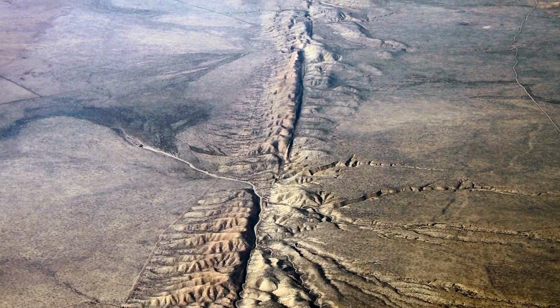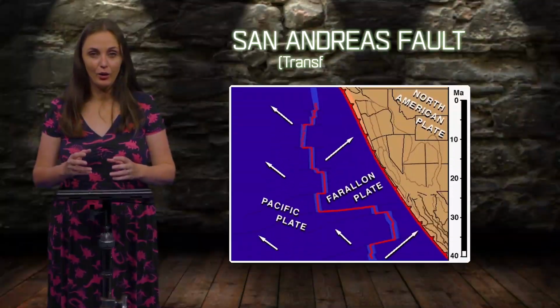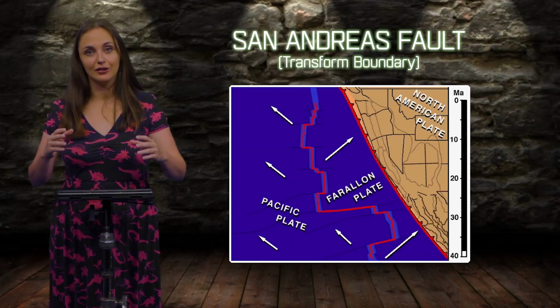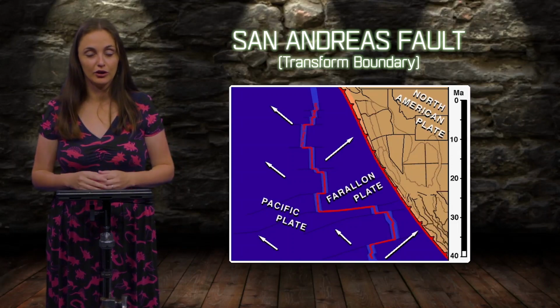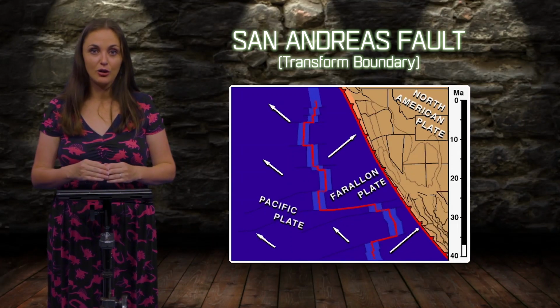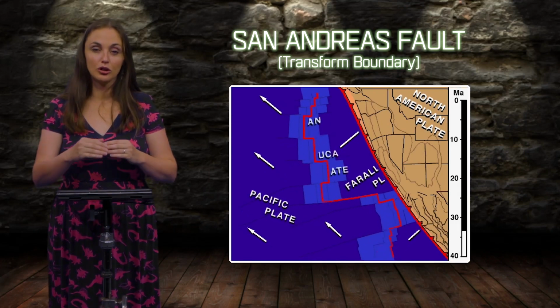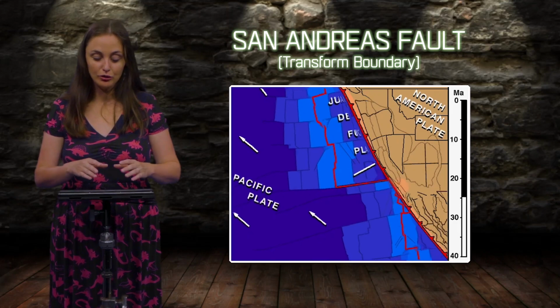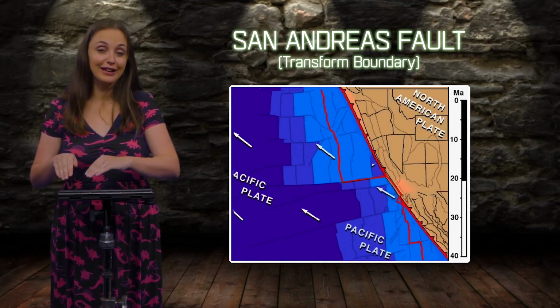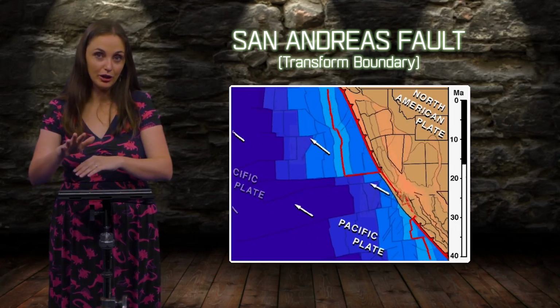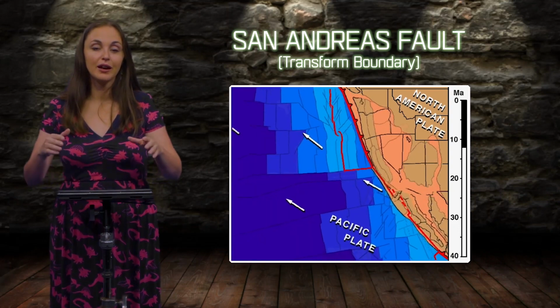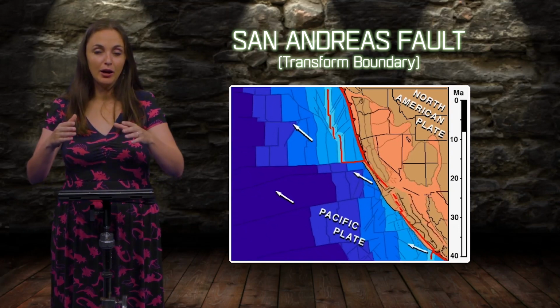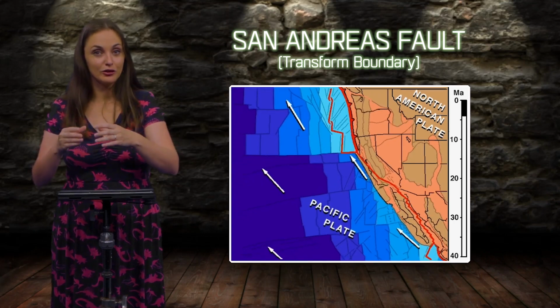And I have a great animation here that shows you how that fault has really worked over time. It started out as this transform motion on an overall mid-ocean ridge, and then once that entire mid-ocean ridge was pulled underneath the continent along something called a subduction zone, which we'll learn about in just a minute, that became part of the continental motion as well.